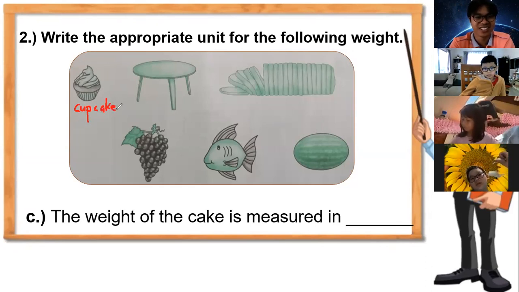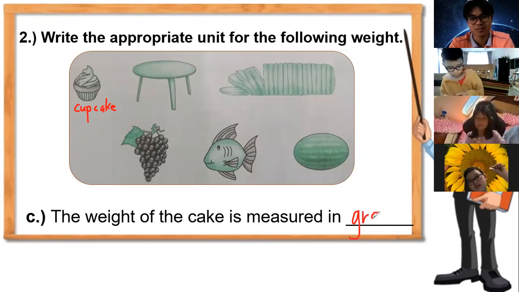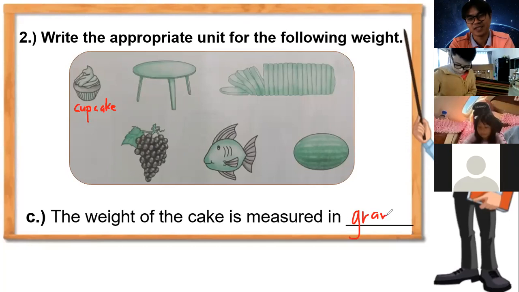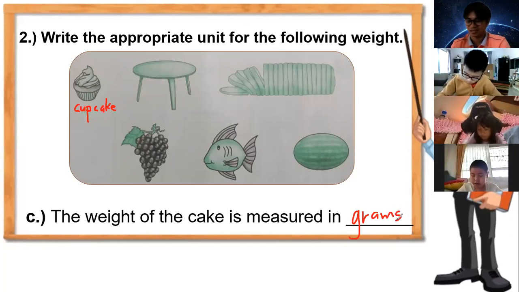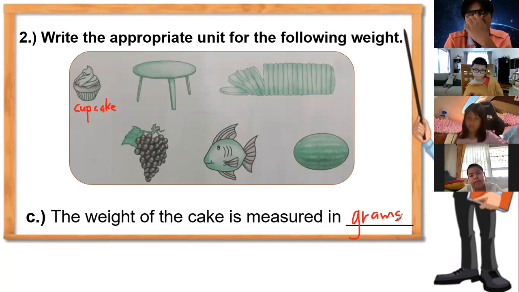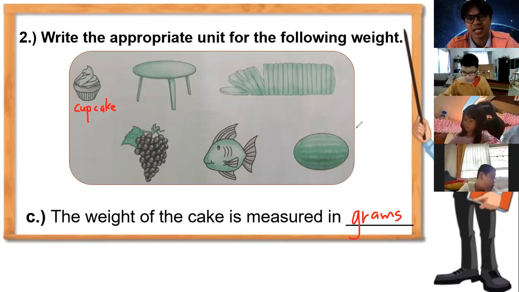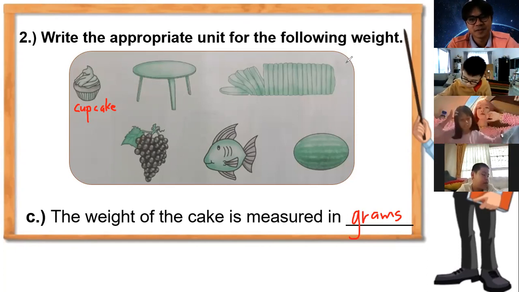The appropriate unit is grams. The cupcake is very small. It's a very light object. So the appropriate unit here is grams.